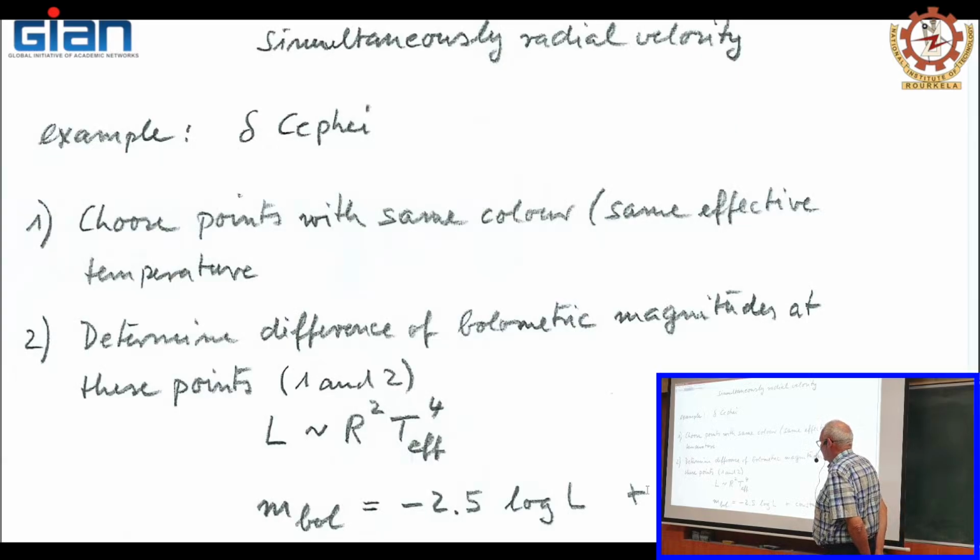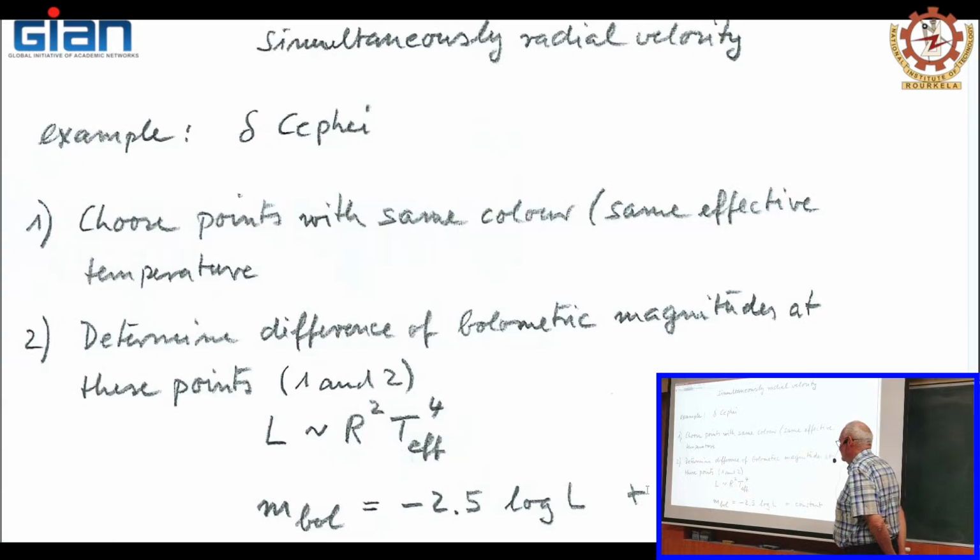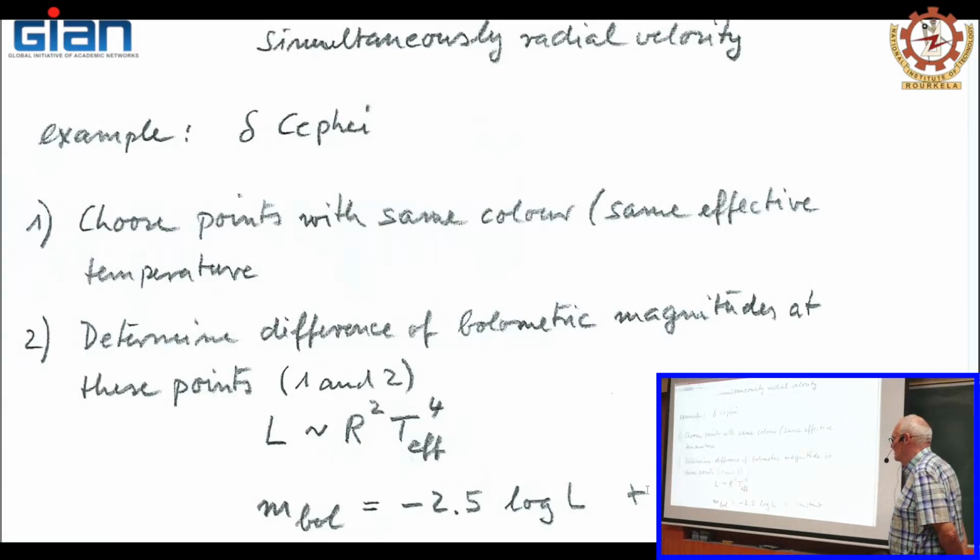Well, we know that the star satisfies the Stefan-Boltzmann law. That means the luminosity is proportional to the radius squared times the 4th power of the effective temperature.